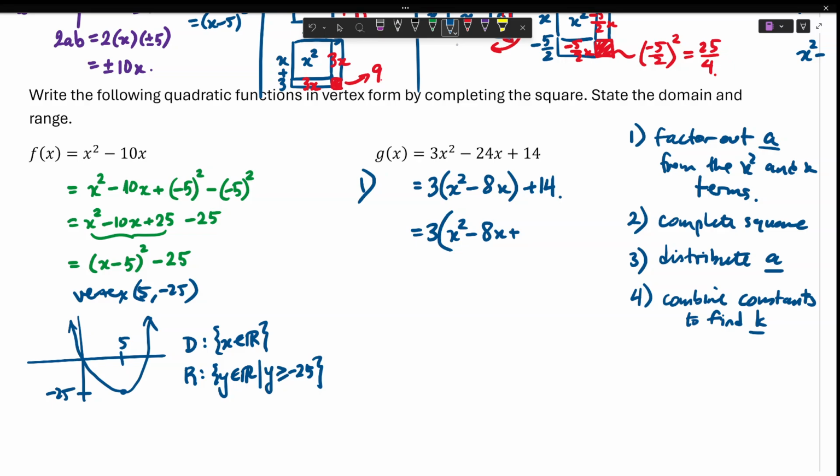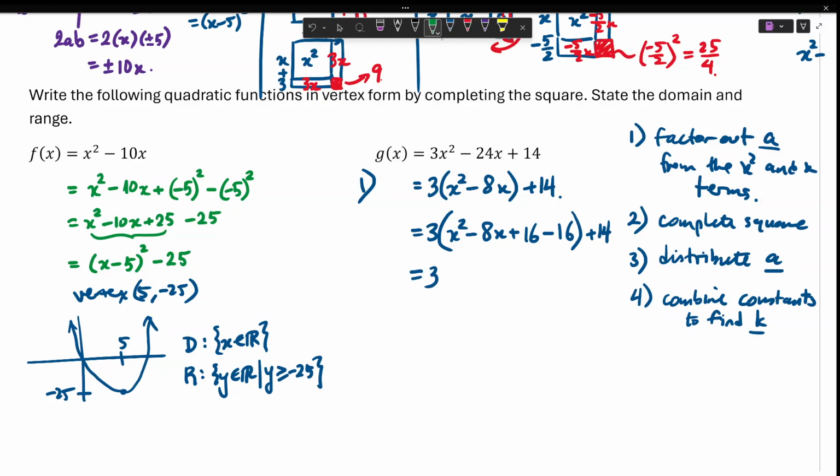What is this mystery number? Well, you're going to take b, which is -8, divide it by 2, which is -4, and square that. It's going to be 16. But you can't just add 16. You've got to also subtract 16 inside the bracket, so you didn't really do anything.